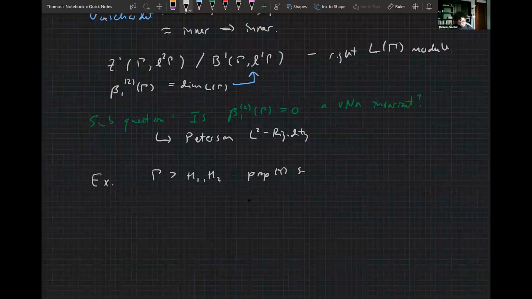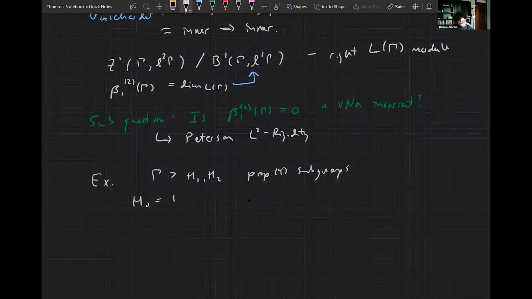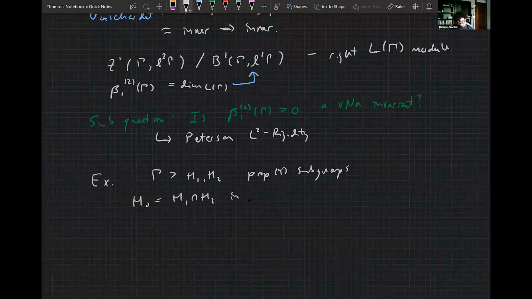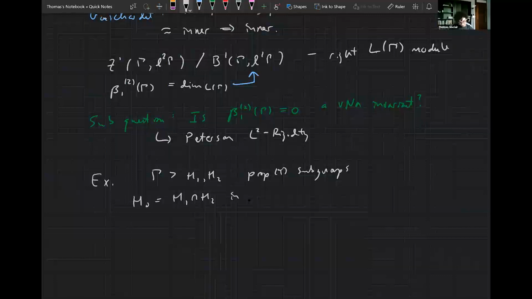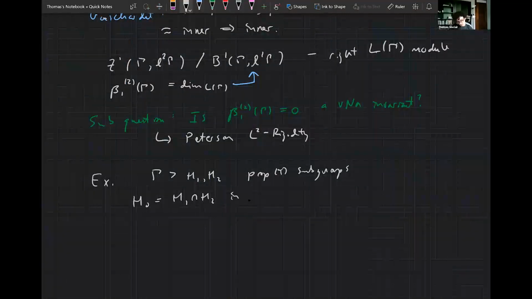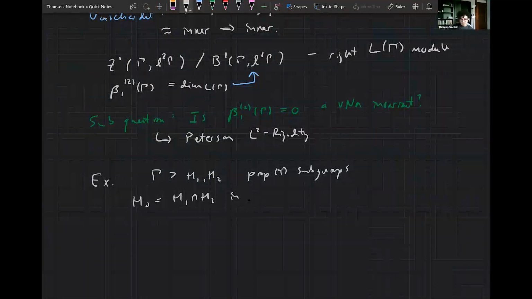Let's assume that their intersection is infinite, and let's assume also that they generate gamma.